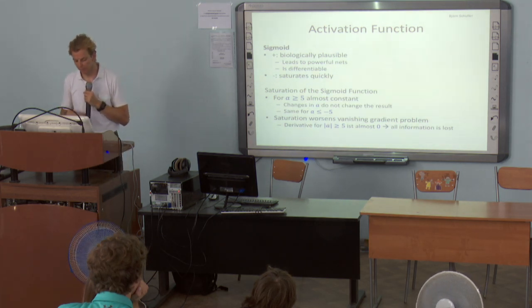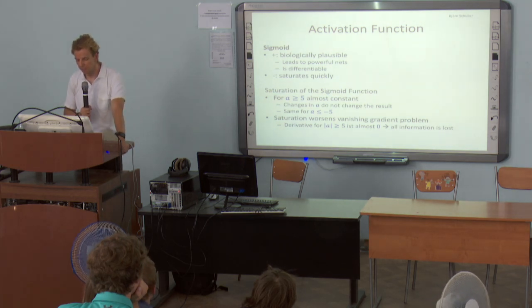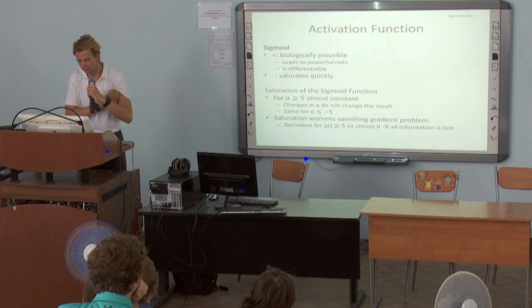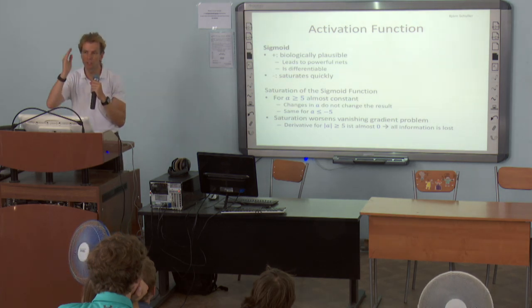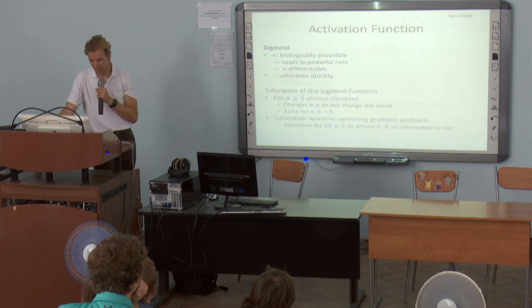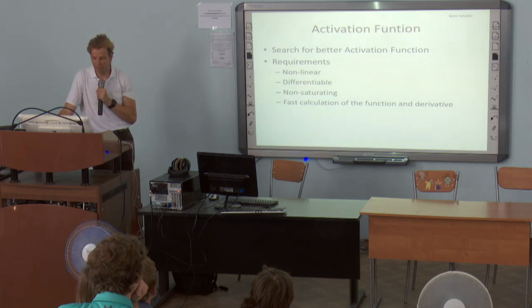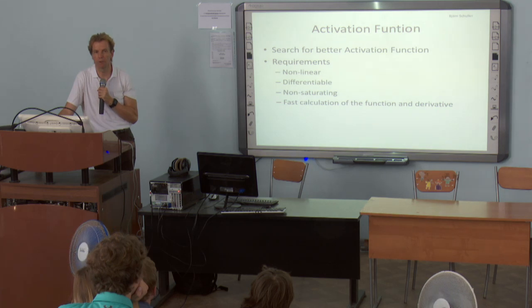Because we limit the activation, the derivative for anything above 5 is almost 0, and the information in the backpropagation through the network is almost lost. So we want better activation functions that are still nonlinear and differentiable, but non-saturating to avoid vanishing gradient, and still have a fast calculation of the function and the derivative.